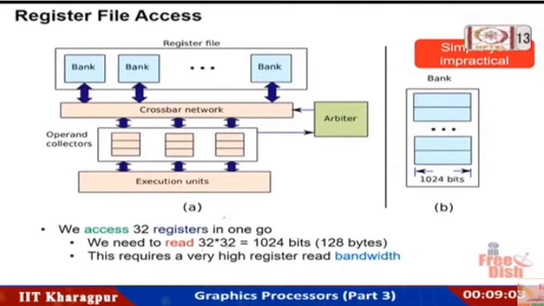Of course, same time may not mean the same cycle, but let's say in a window of 2 or 3 cycles. So it's 32 cross 32. Why? Because we have 32 threads in a warp, and each value is 32 bits. So this is 1024 bits or 128 bytes. This would require a very high register read bandwidth and a very high register write bandwidth as well.